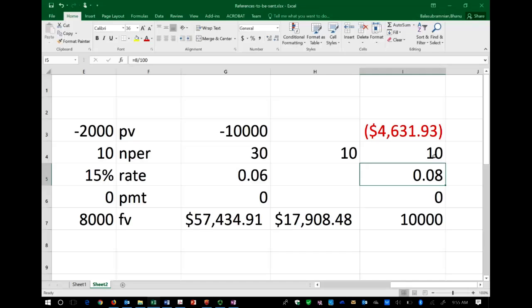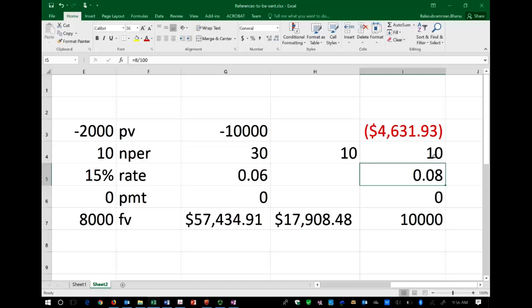Instead of a direct relationship, we call this an inverse relationship. Present value will go up when the period goes down and present value will go down when the period goes up. Is everybody seeing that? You need to remember this, because as a business person, whatever may be your major, I honestly don't care.